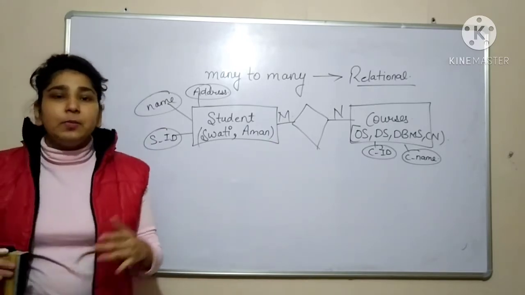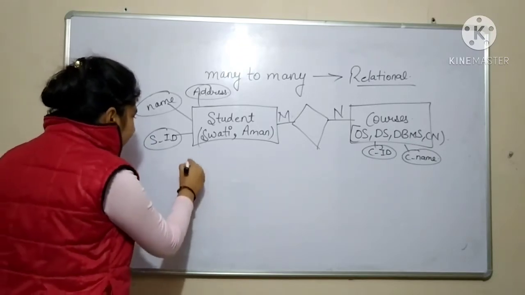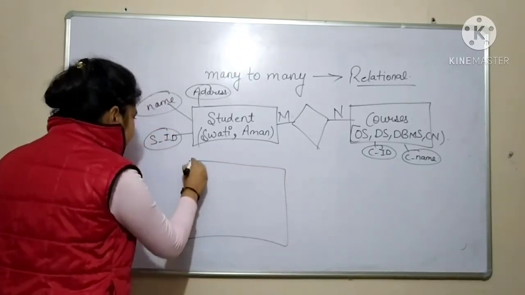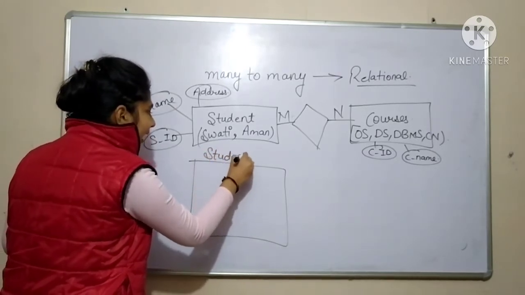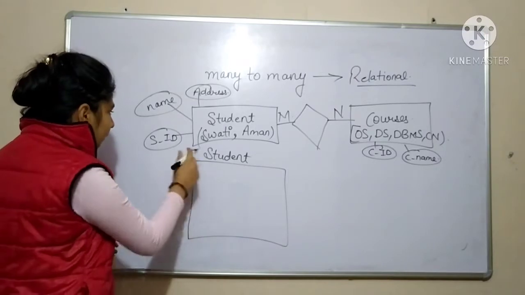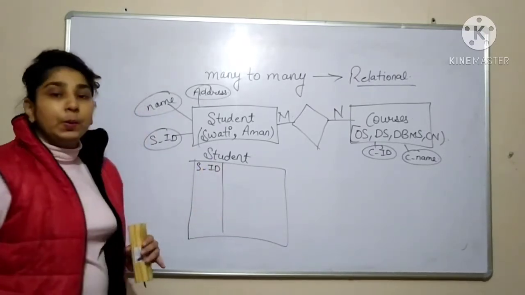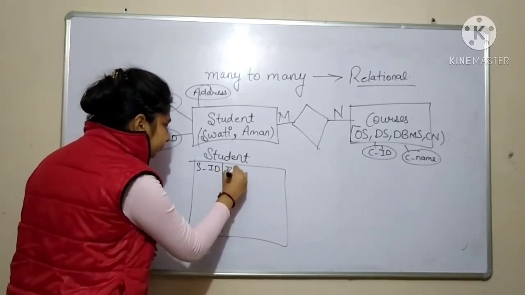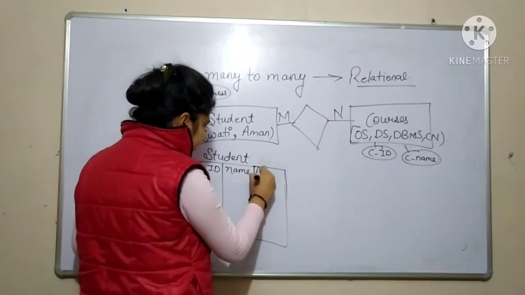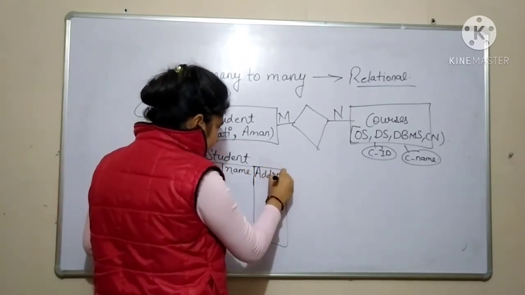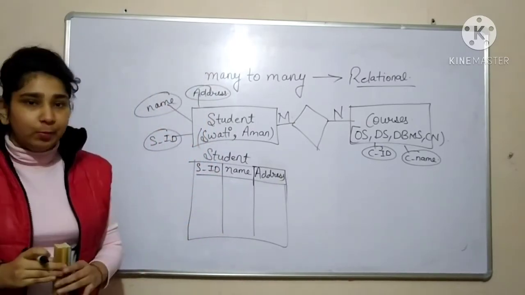That really depends upon the requirement. So now let's convert entities into tables. We have the student table, with student ID, student name, and address. So this is one table.